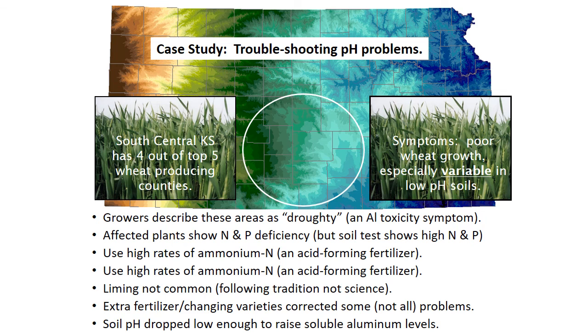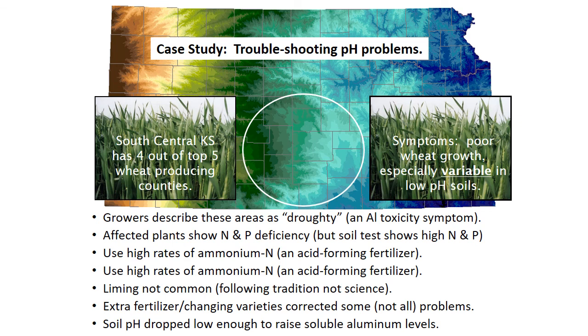But over time, as ammonium was applied to the soil, acidification occurs, and it was slowly lowering the pH. And as this occurred, then the pH dropped, and as a result, that actually raised the soluble aluminum levels. And so what ended up happening was they had acidic soils that were caused by fertilization that eventually increased the aluminum availability.